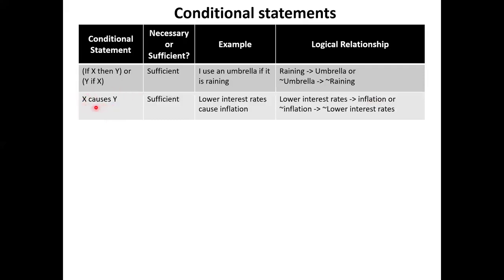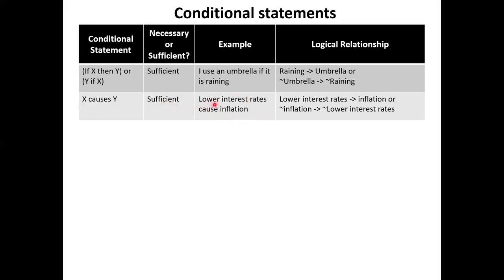The statement which says X causes Y is again a sufficient condition. For example, lower interest rates cause inflation is a sufficient condition. And I think it'll be easy to identify here again. What's the cause here? Lower interest rates. Inflation is the effect.